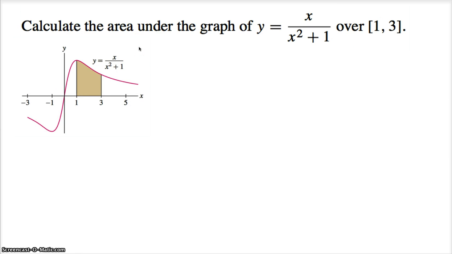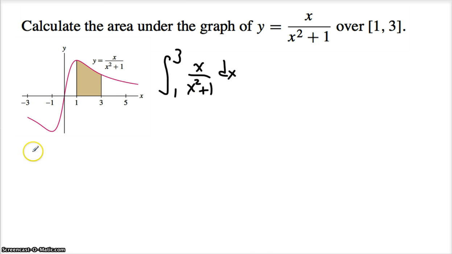Okay, our final example here, an application problem. We want to figure out the area below y equals x over x squared plus 1 from 1 to 3. So let's write that as a definite integral. That area is going to equal the integral from 1 to 3 of x over x squared plus 1 dx.